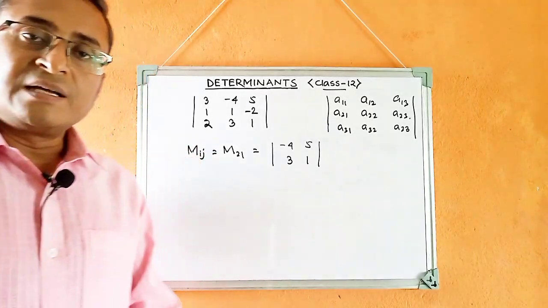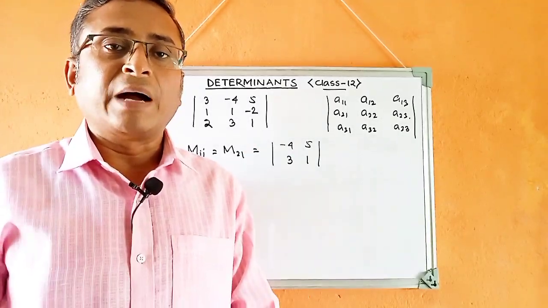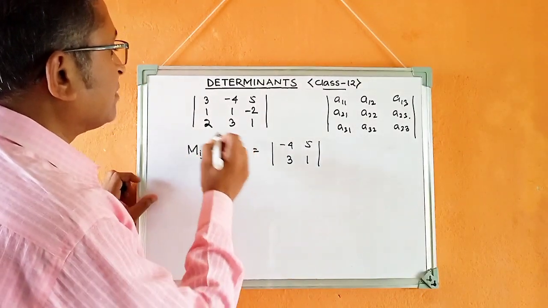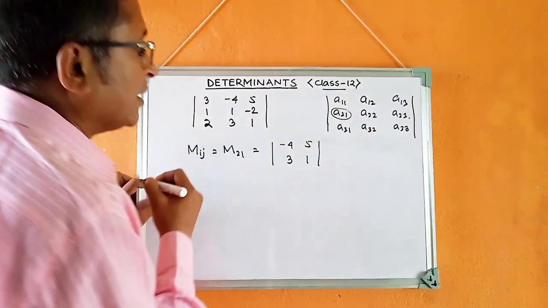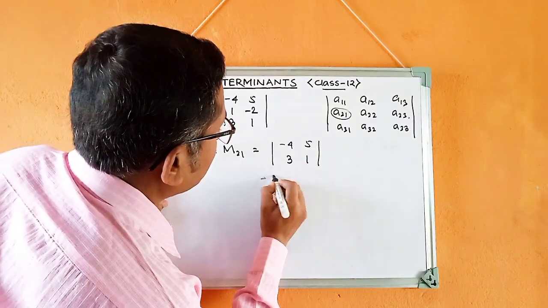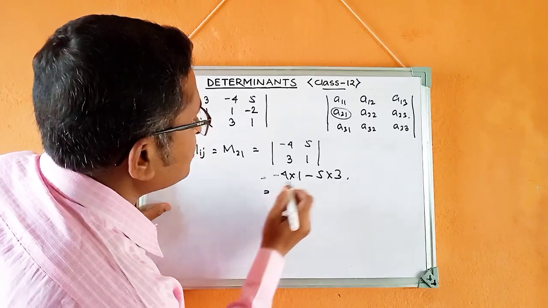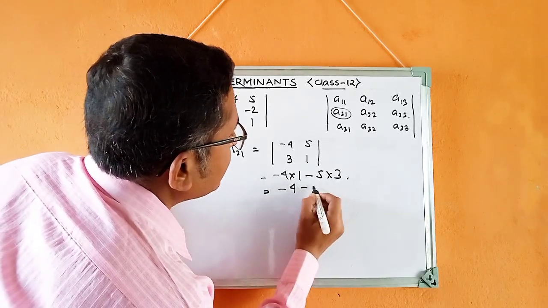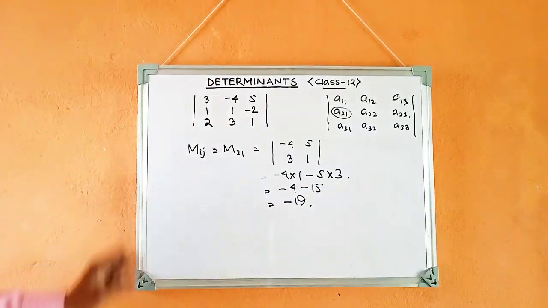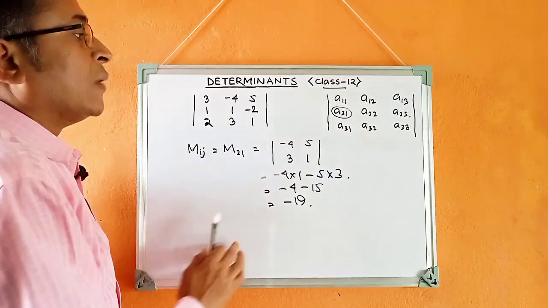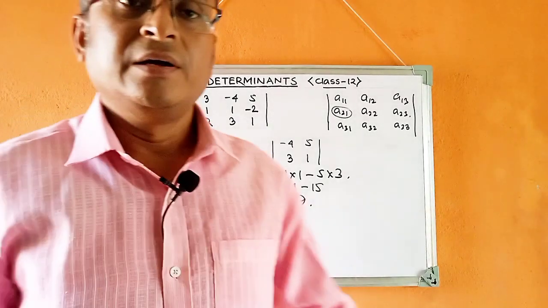First of all, by deleting the ith row and jth column, we get the minor of that element. So the minor of that element is minus 4 into 1 minus 5 into 3. So minus 4 into 1 is minus 4, 5 into 3 is 15. So minus 4 minus 15 is minus 19. So the minor of that element A21 is minus 19. This is the minor, very important.